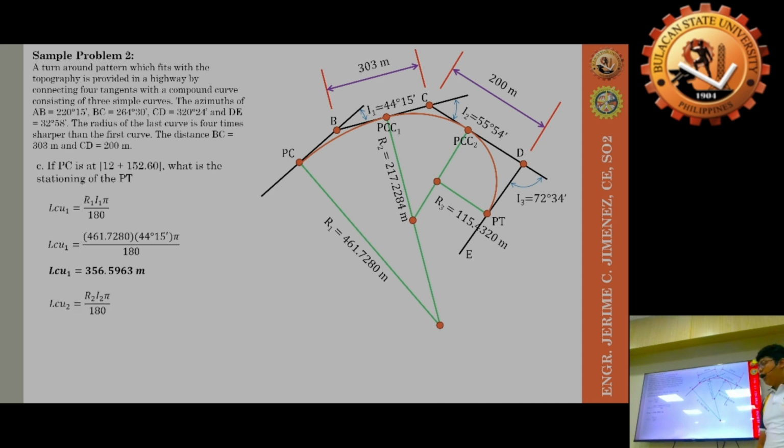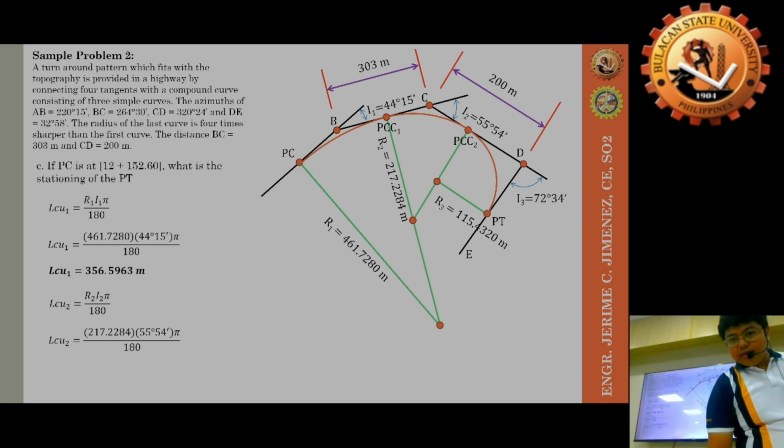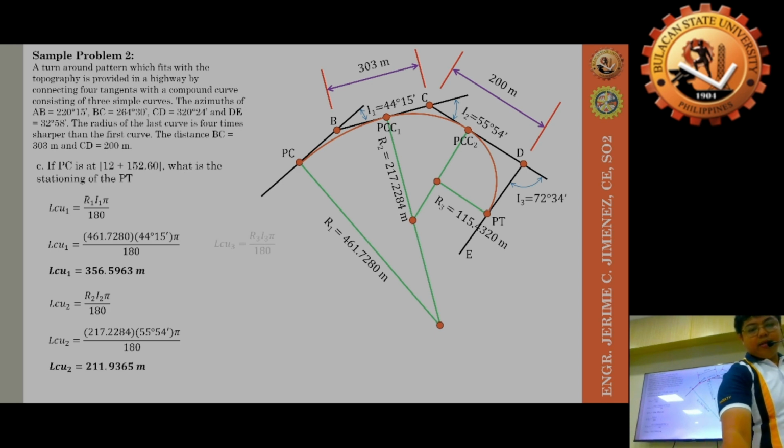So, let's get LC sub 2. Same formula, R times I times pi over 180. Substituting, what is LC sub 2? That is 211.9365. Then let's get LC sub 3.